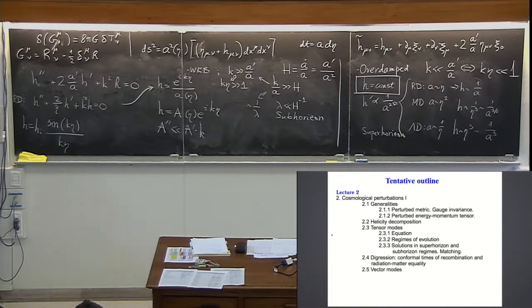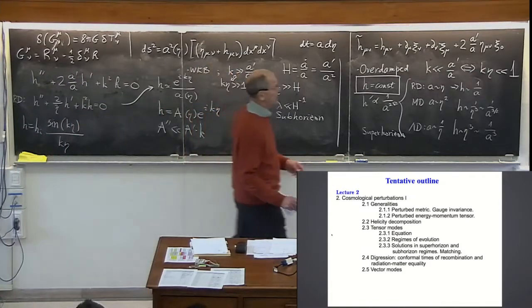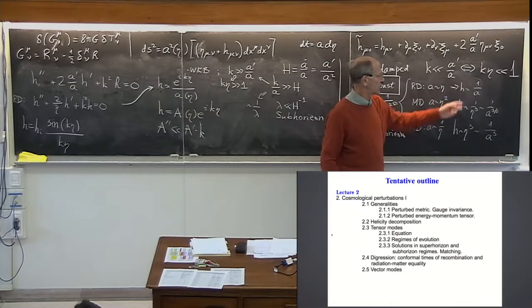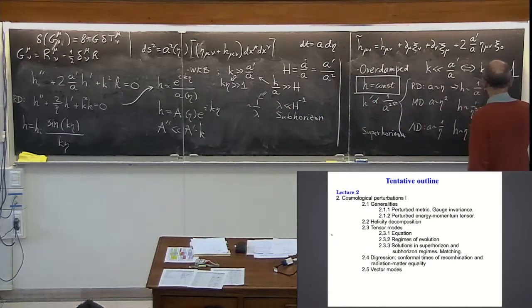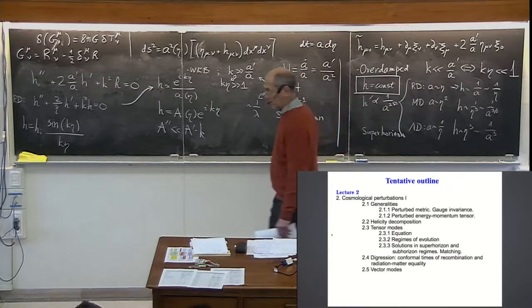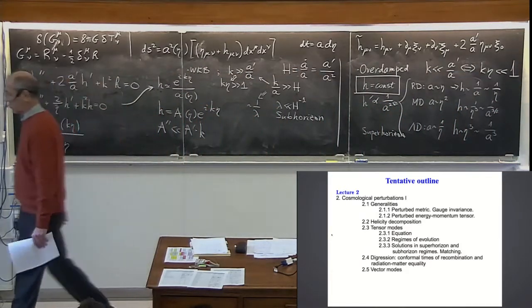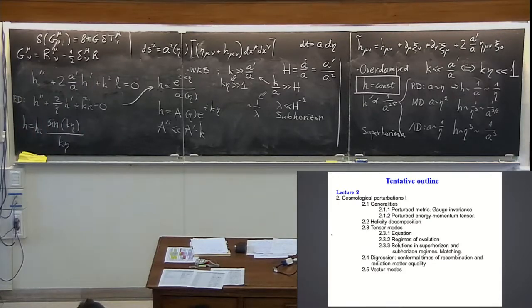Another solution is cosine, and this cosine k eta over eta is singular, just as I showed. This is 1 over eta. The second solution is singular as eta goes to 0, meaning that initially the universe should have been very inhomogeneous and anisotropic. If you discard this possibility, then that's the solution.